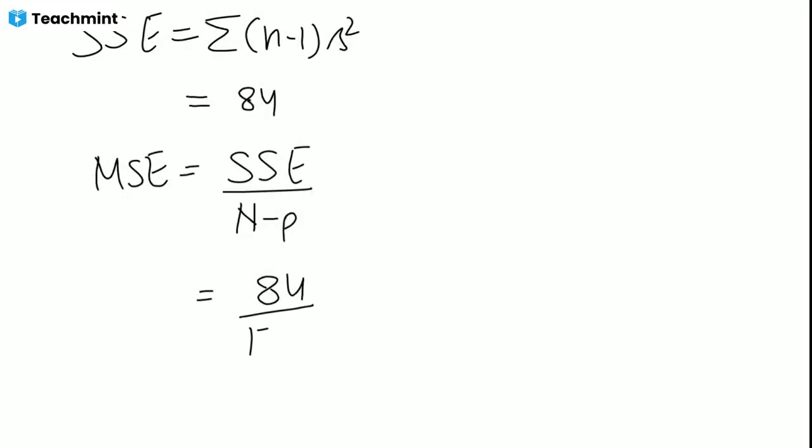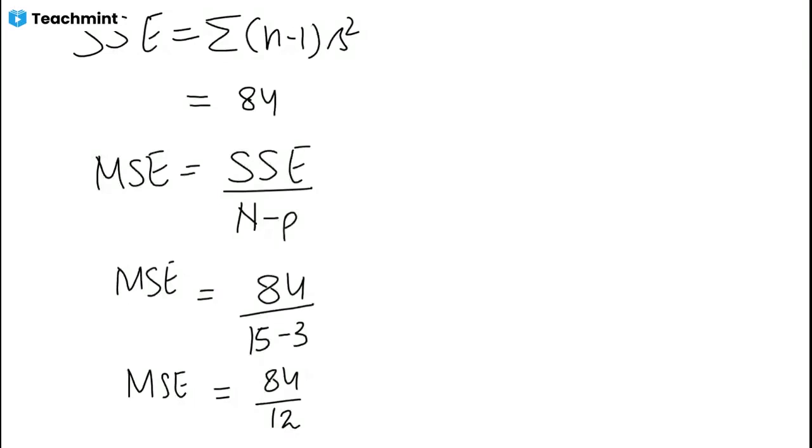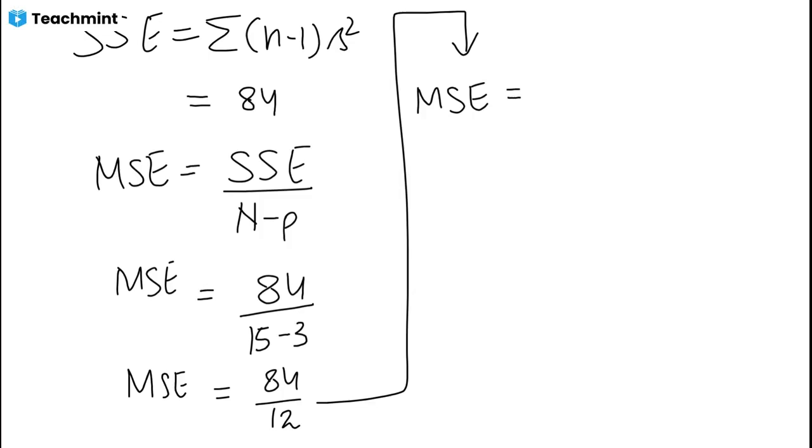This capital N is 15 minus p is 3. So 84 over 12. MSE is equal to 7. Okay.